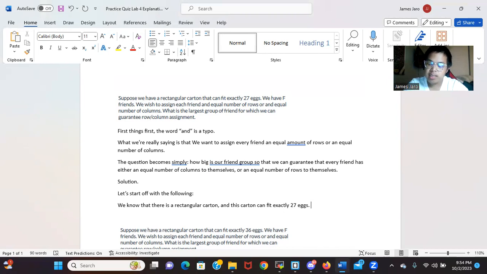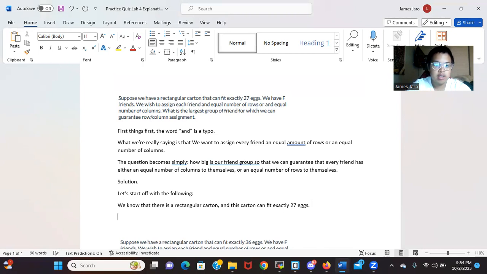That essentially means that the entire space of the carton is completely filled up by these 27 eggs, so there are no empty spots and all 27 positions are filled.